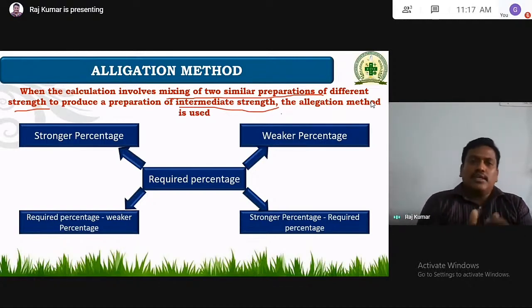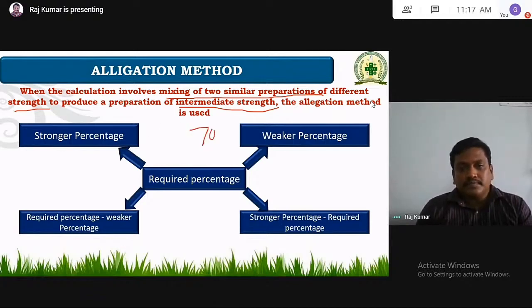While you are doing the problems, you have to first check whatever the problem is. For example, you have to prepare a 70% solution from 40% and 50%.